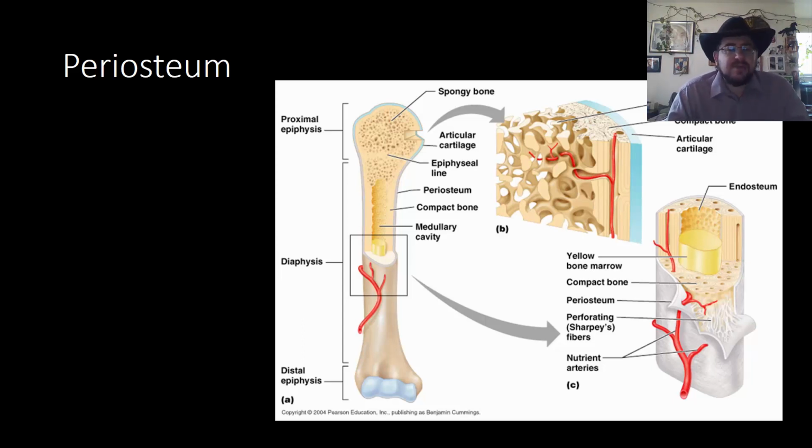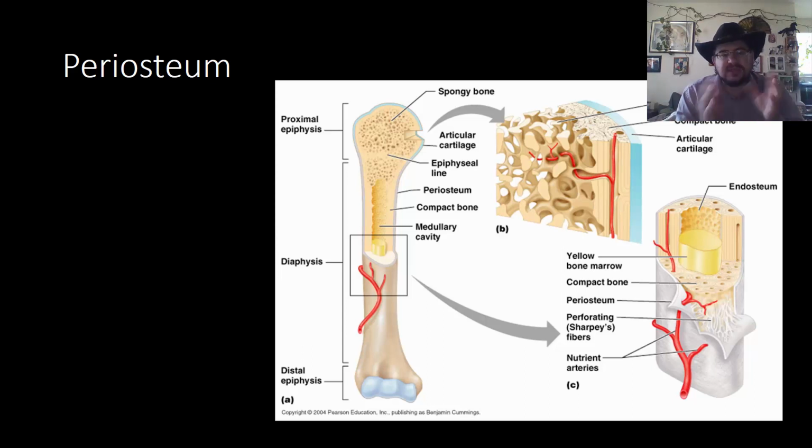Now it's time to talk about the actual outside of a bone. So if you look at a bone that you get from like a butcher, or, you know, just a bone lying out in the desert or something, white bleached bone, you do not see one of the most important parts of a bone, and that's the periosteum.